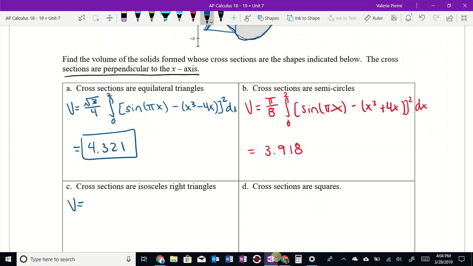That's 1/2 definite integral from 0 to 2 of sine pi x minus x cubed minus 4x squared dx. And plug that into a calculator, we get 0.989.